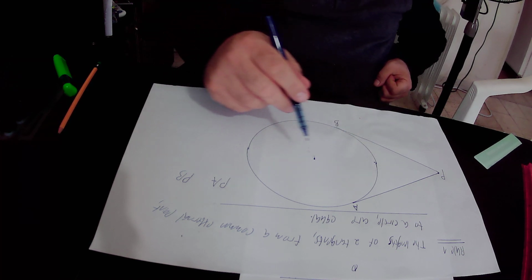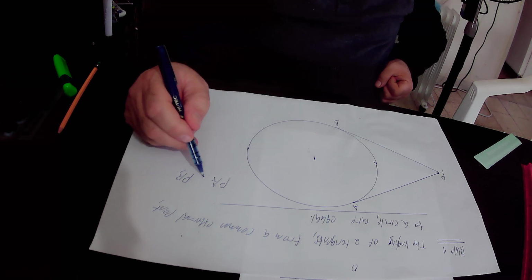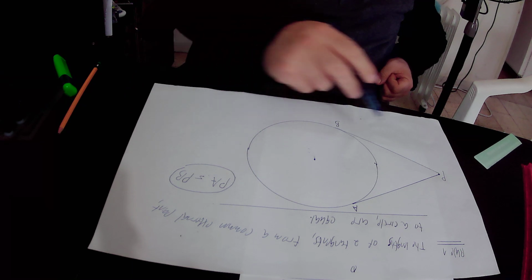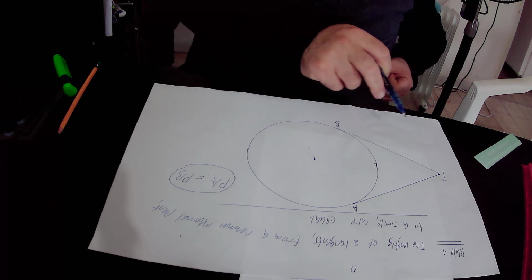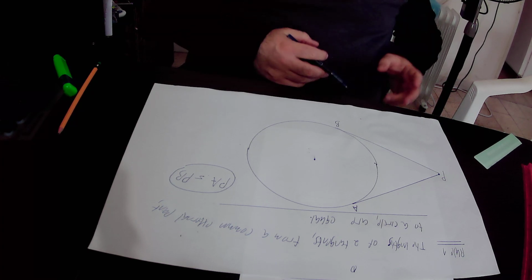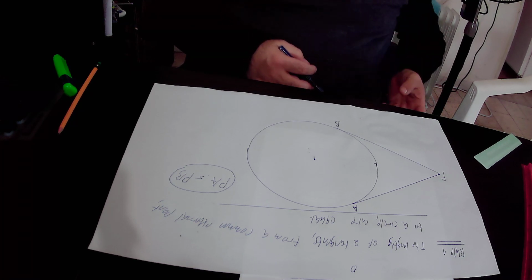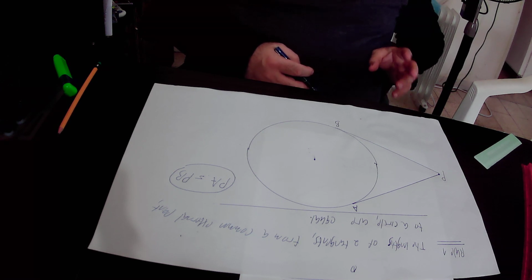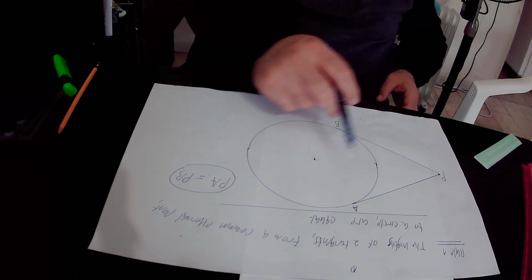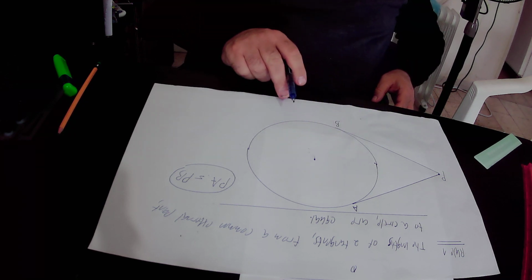That is to say, PA is equal to PB. So whenever you draw two tangents to a circle from a common external point, the lengths of those two tangents will be equal to each other. In this case, PA will be equal to PB.